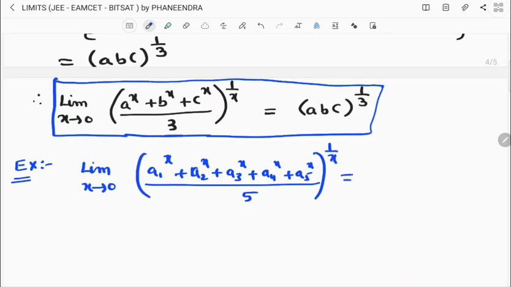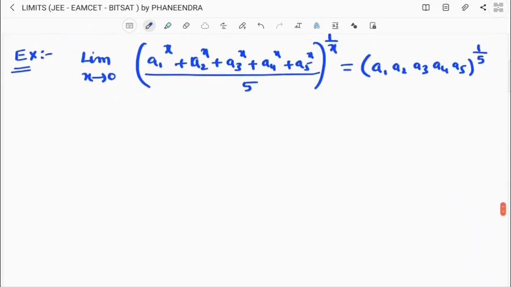What is that answer? Directly you can write that. Here it was the product of abc only, no? So here also the product of a1 into a2 into a3 into a4 into a5, whole power 1 by 5. This is the way. Suppose 3 terms are there, the product of the abc whole power that value. This is the way you can.